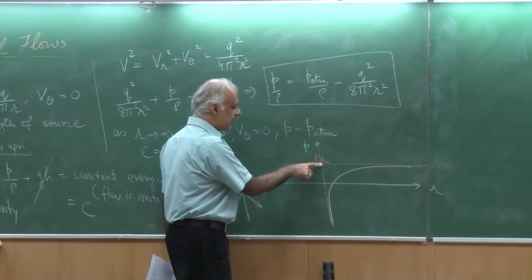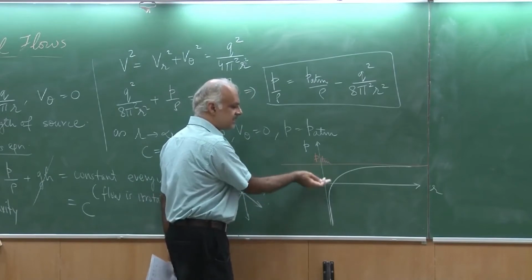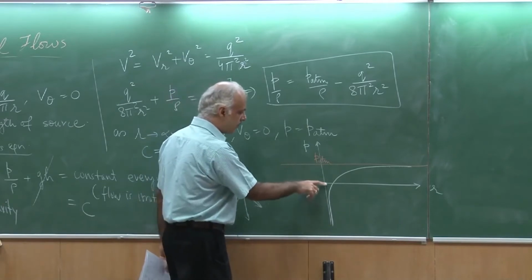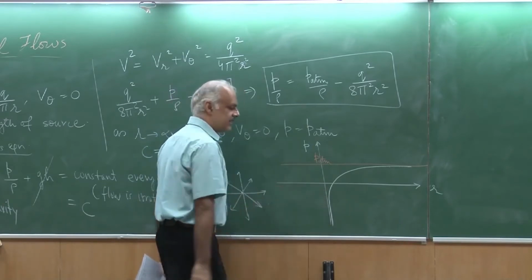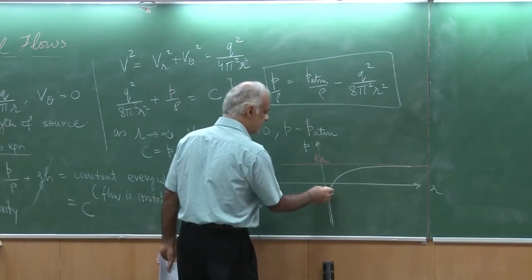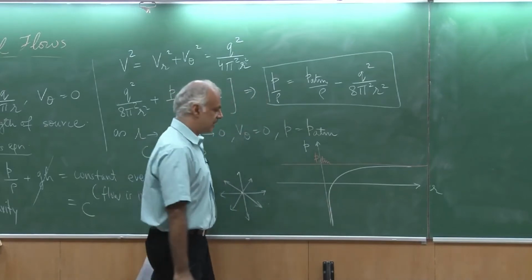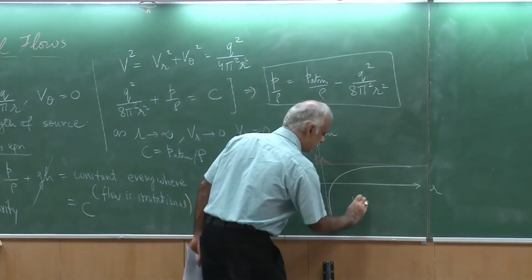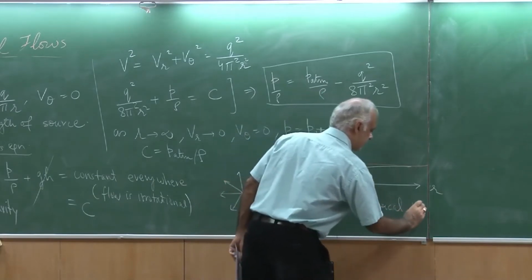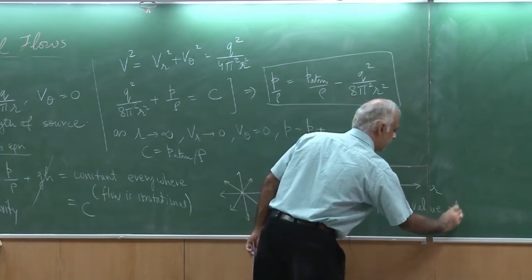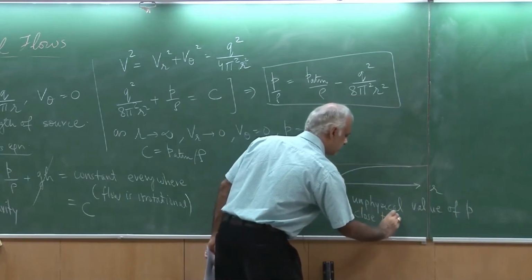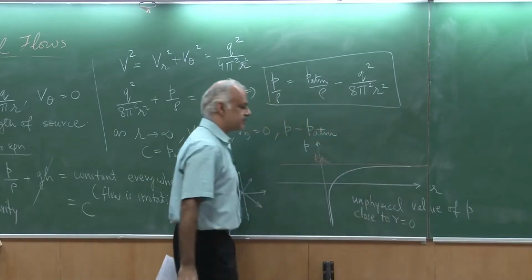So mind you, this is atmospheric pressure. Anything less than this is partial vacuum. But what we have gone below zero pressure is actually completely unphysical. So in some sense, this region is unphysical. So I would like to write here that there are unphysical values of P close to r equal to 0.